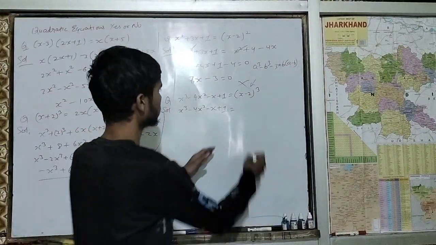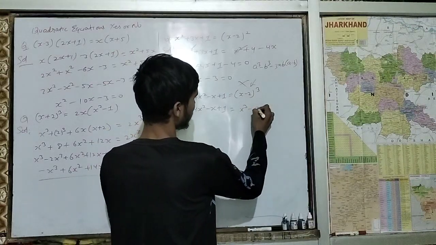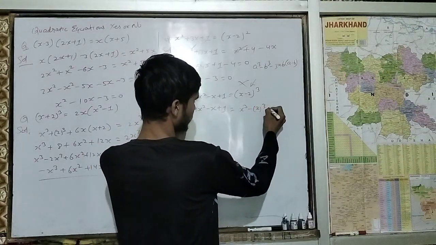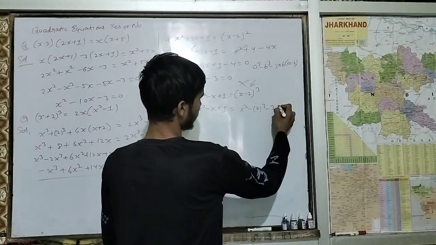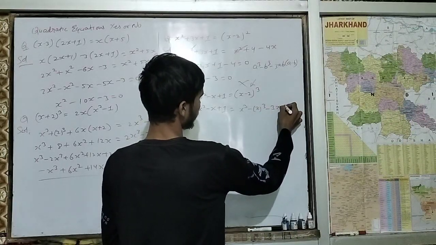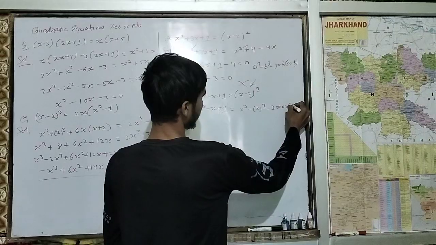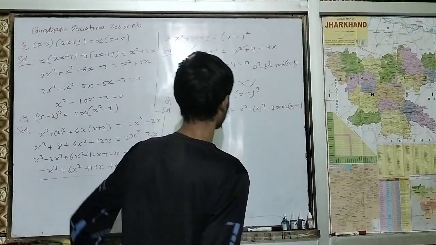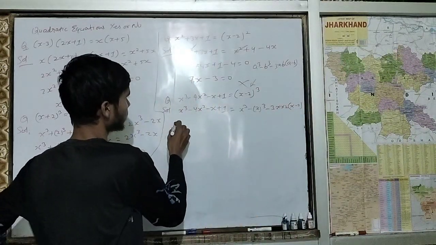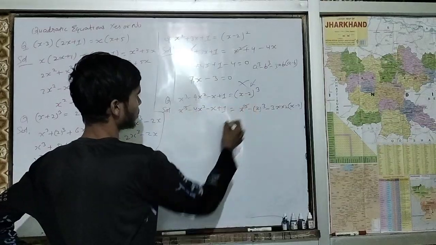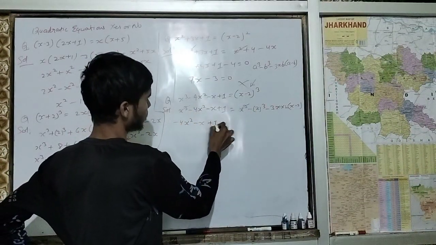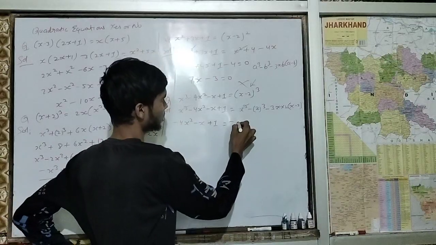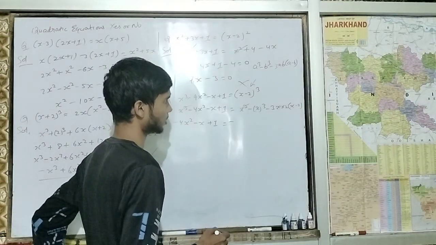Here, this is nothing but x cube minus 2 raised to power 3, then minus 3a into 2 x minus 2. Yeah, that's it. It is cutting to each other. Minus 4x square minus x plus 1. Here we have minus 8. Yes, minus 8.